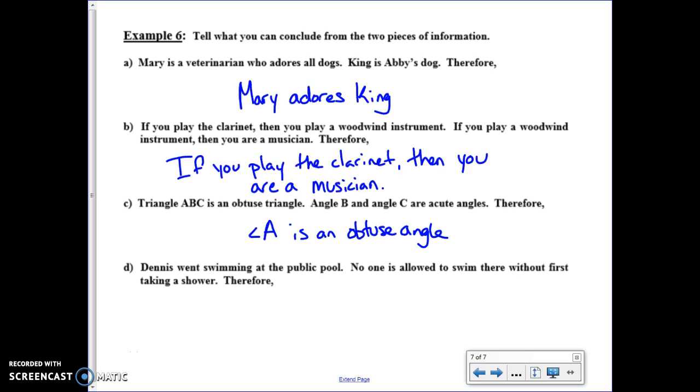Dennis went swimming at the public pool. No one is allowed to swim there without first taking a shower. Therefore, we know that Dennis took a shower before he got into the pool.